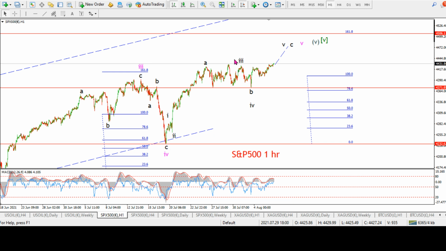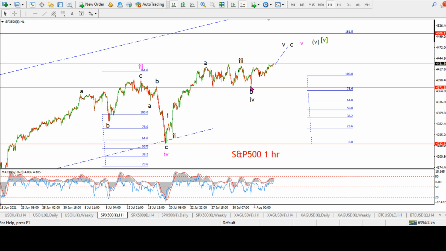That could be wave 3 top, wave 4 low, depending on how you parse out that extended 3rd wave. 3 waves down in wave 4, that kind of remains the same. So wave B and wave 4 remain at the same low, and then you work 5 waves higher in wave 5.